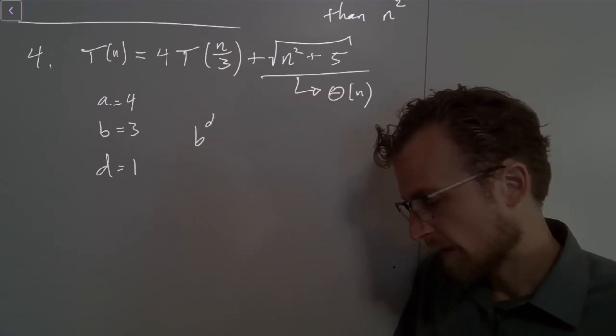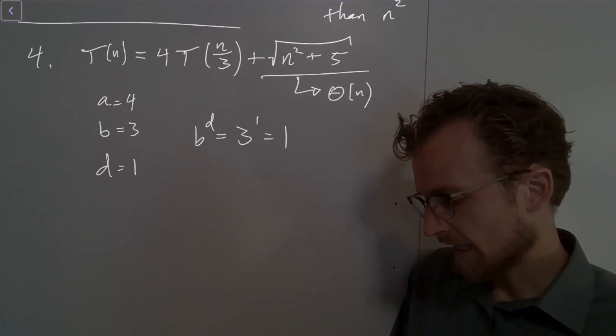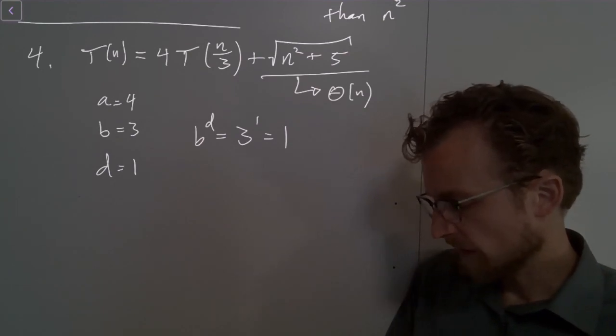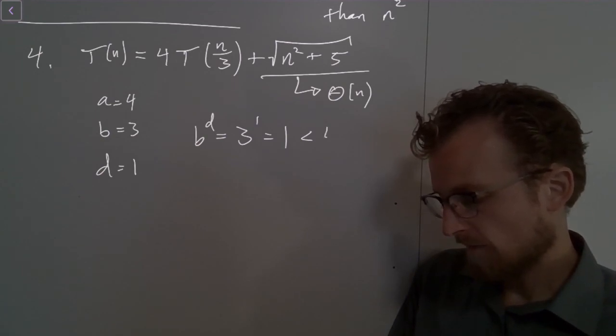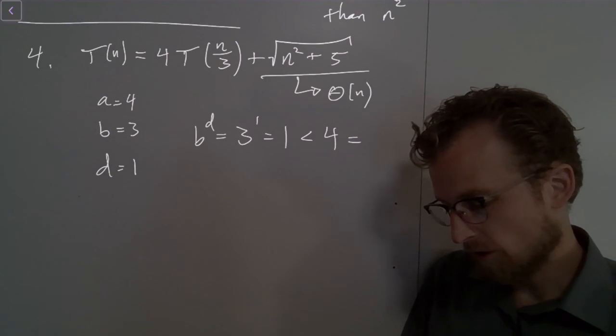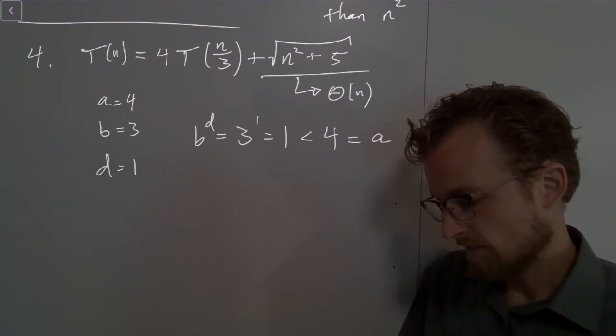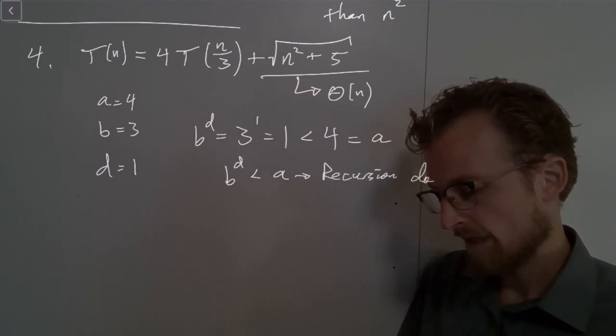All right, so what's b to the d? It's 3 to the 1, which is just 3, which is less than 4. And so once again, we are in the recursion dominant case. So b to the d is less than a, and recursion dominates.